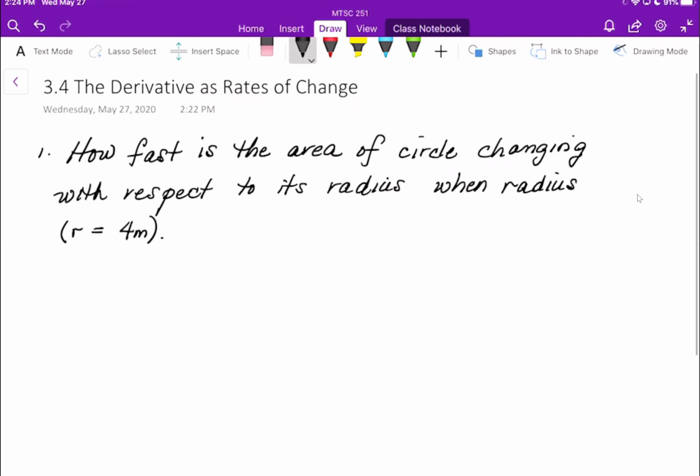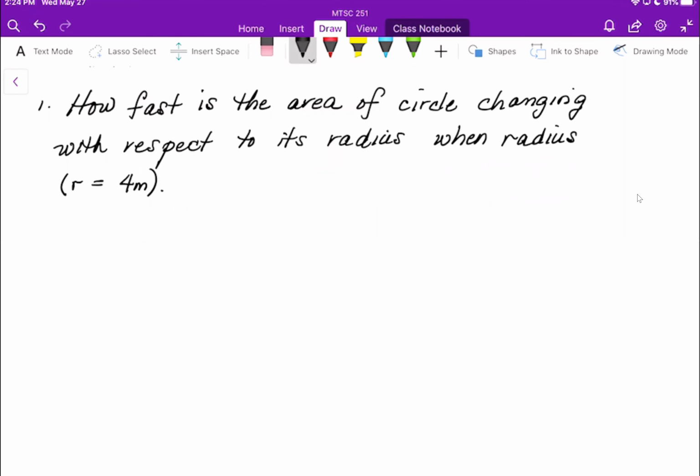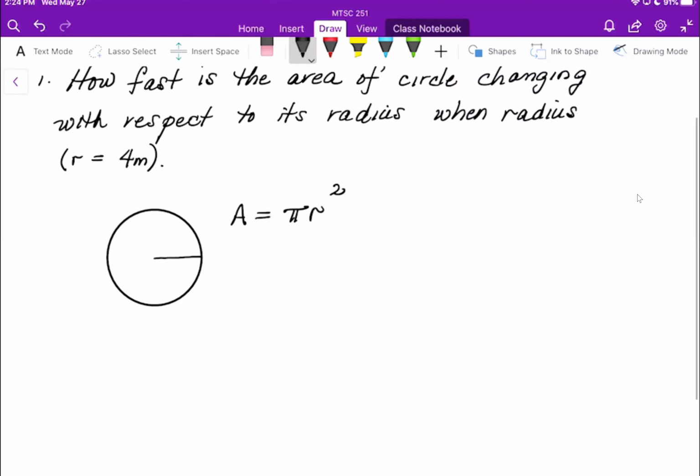So we need the formula for a circle. The area is pi times the radius squared. So how fast is the area changing? We're looking at the change in area with respect to the radius over the change in the radius.